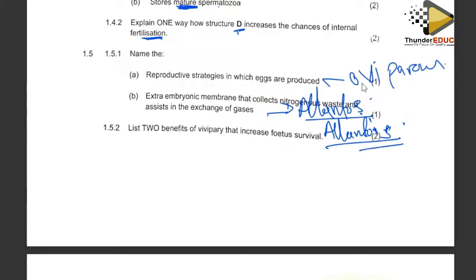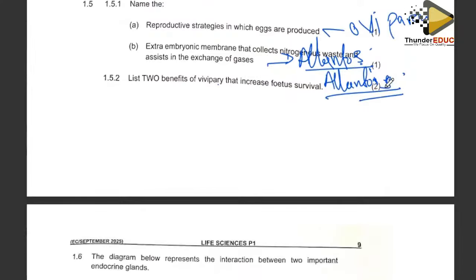List two benefits of viviparity to increase the fetus's survival. First of all, the fetus obtains nutrients directly from the mother's body. We know that. Since it is viviparity, vivi, which means inside, the fetus is able to obtain nutrients directly from the mother.